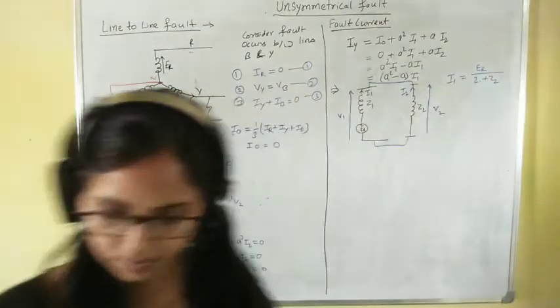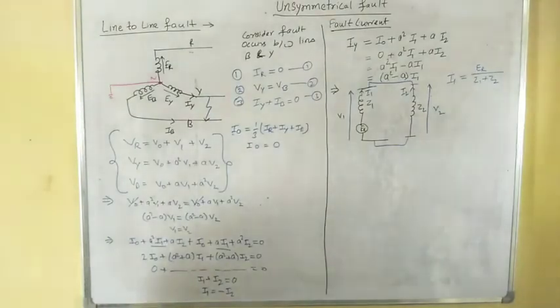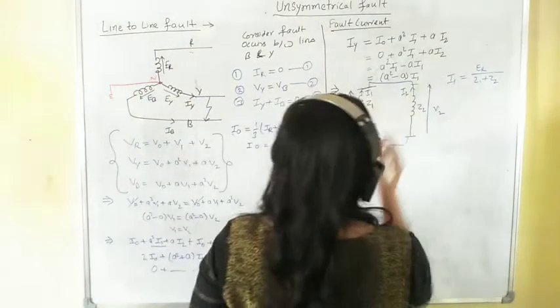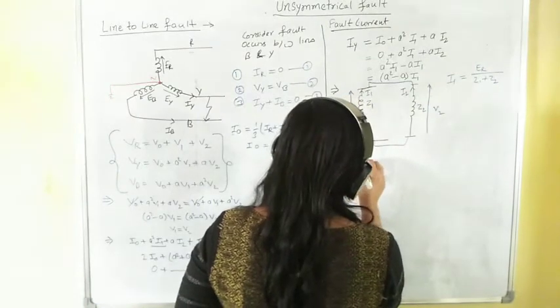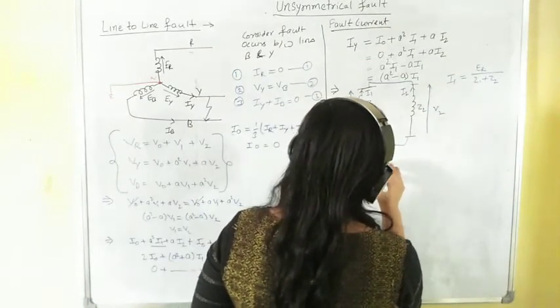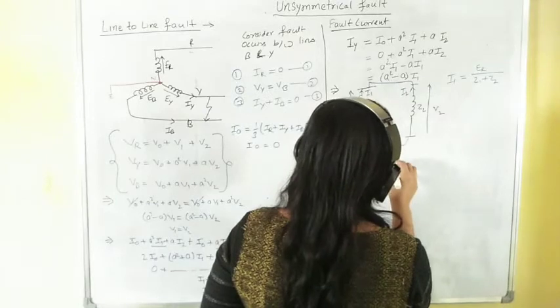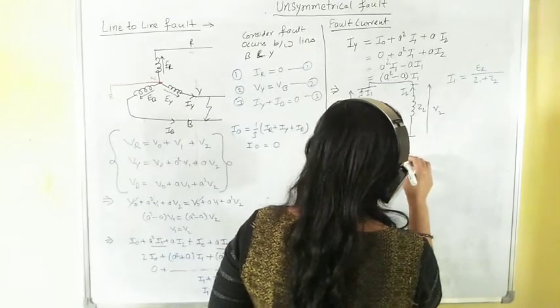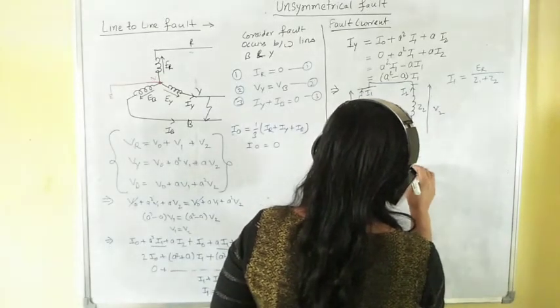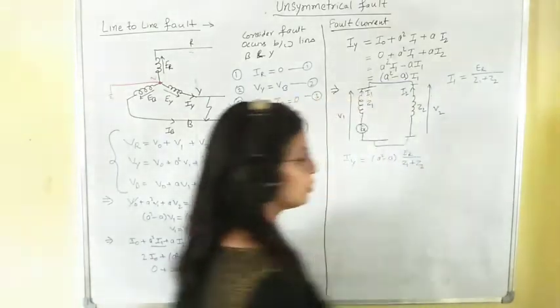Okay. Now what can we say here? The fault current IY is what? It is (A square minus A) ER upon Z1 plus Z2.